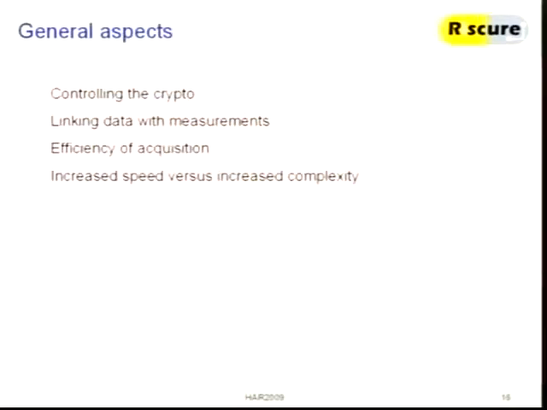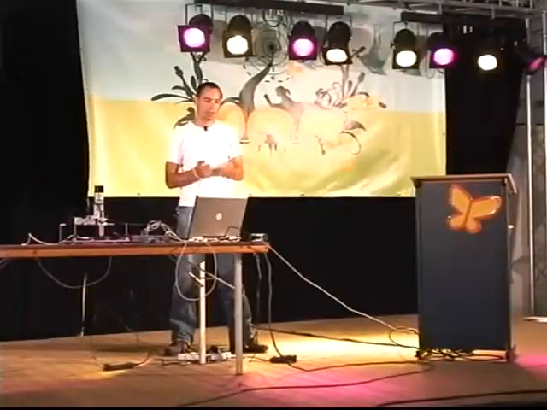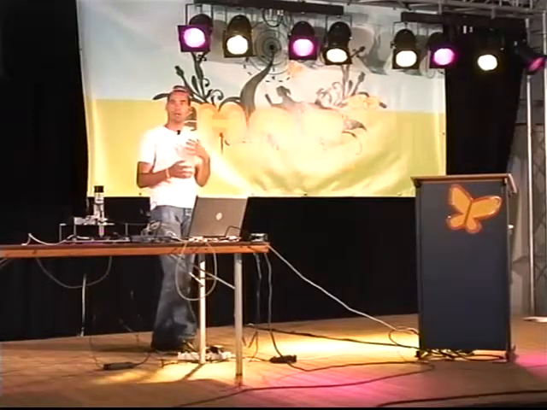You need to be able to trigger on it, so you need to know when it happens, and preferably actually cause the crypto to operate. In the ideal world, I pass the data in, it happens, and then I measure at the right time. So reaching that stage already needs preparation. Then I need, of course, to link the data with the measurements.